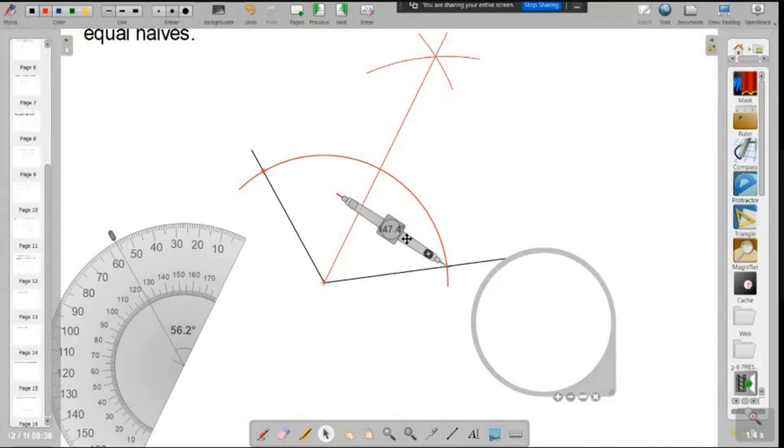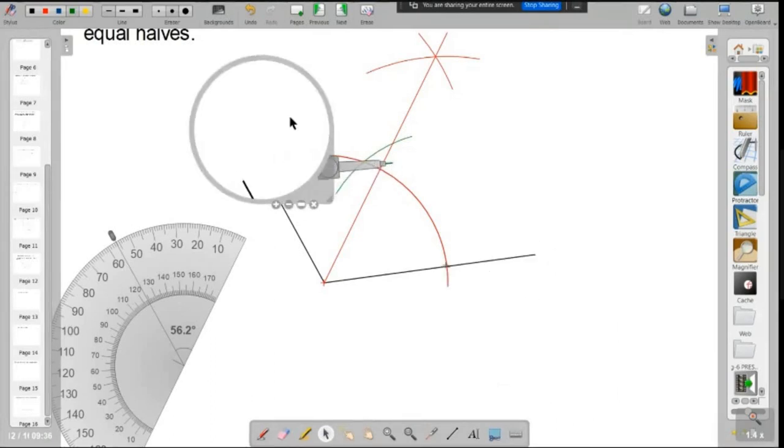If I keep it here, let me change the color of the tip to some green. Okay. If I draw an arc here, from here and here, is it kept correctly?